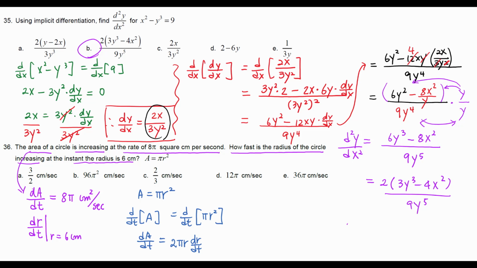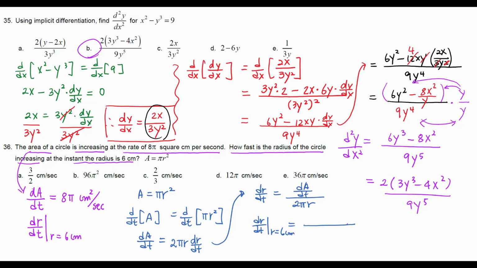And because we're trying to get dr/dt right now, we want to divide both sides by 2 pi r. So then you will get dr/dt equals dA/dt divided by 2 pi r. So now I want dr/dt when r equals 6 centimeter.